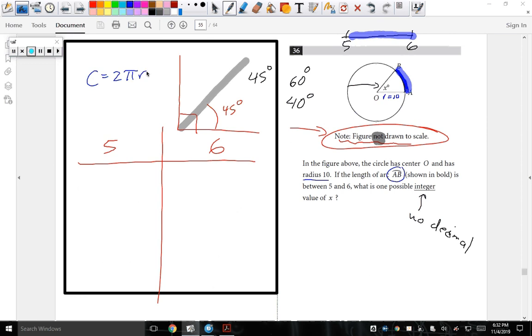So the circumference is 2 pi r. Okay, you with me? So let's say that the radius is 10, and if the radius is 10, then I know that this circumference is 20 pi.